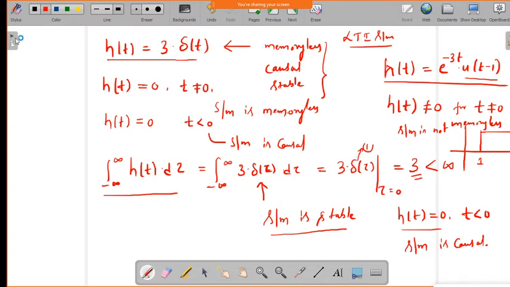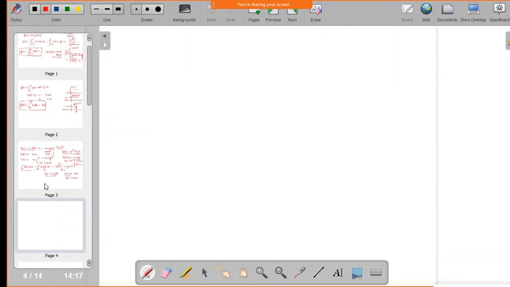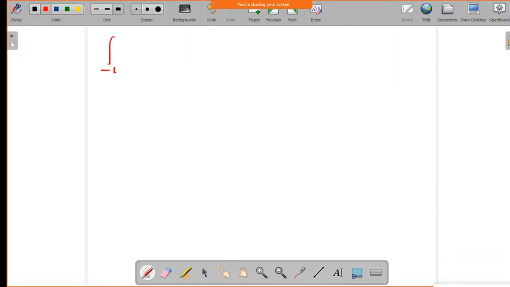So put in the value of h of t: integral from minus infinity to plus infinity of h of tau d tau, where h of tau is e power minus 3 tau, varying from, sorry, this is plus 1.